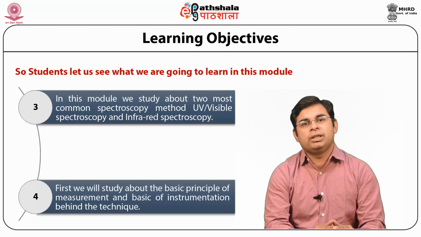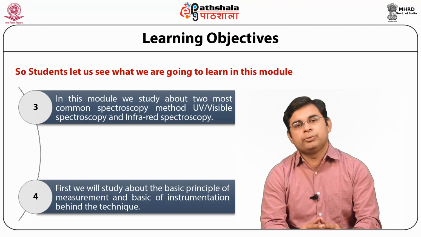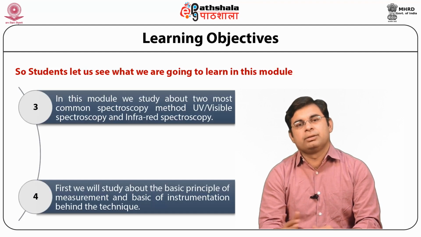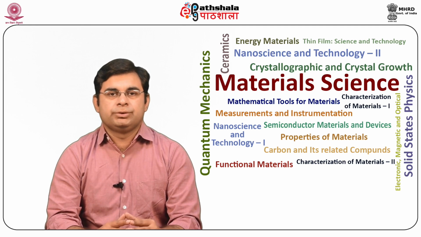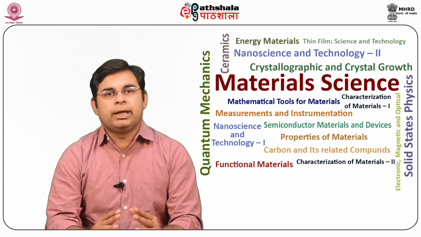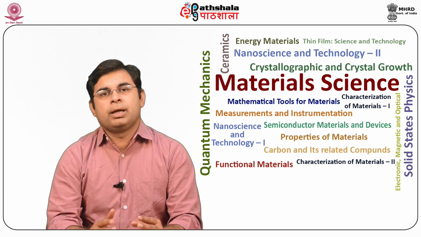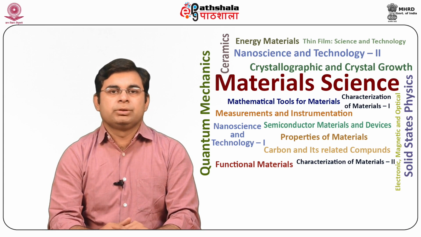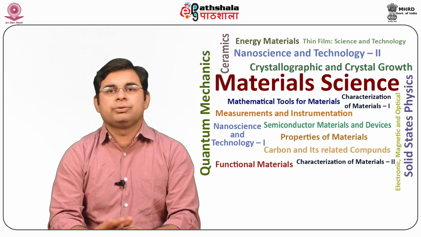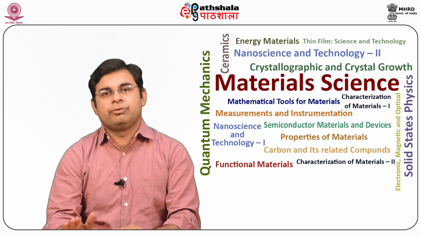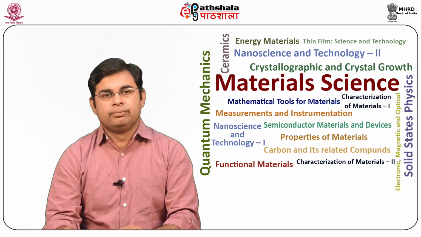First, we will study about the basic principle of measurement and the basics of instrumentation behind the technique. Spectroscopic methods are a large group of analytical methods that are based on atomic and molecular spectroscopy. In general terms, spectroscopy is a branch of science that deals with the interaction of various types of radiation with matter.